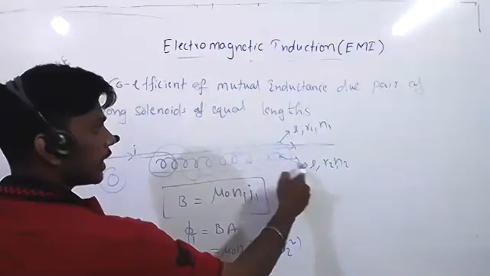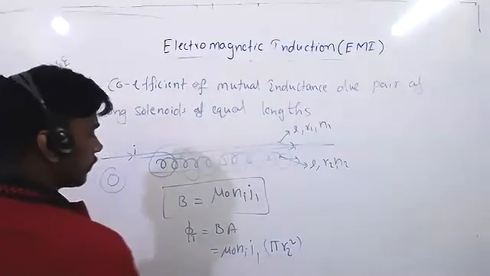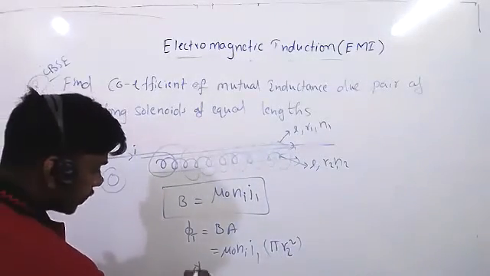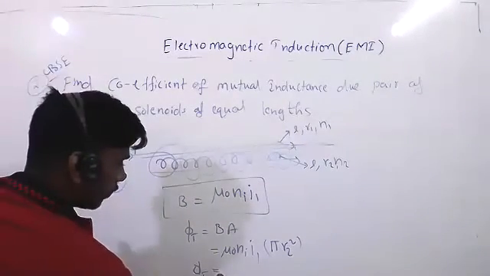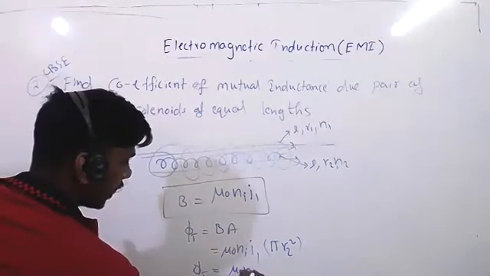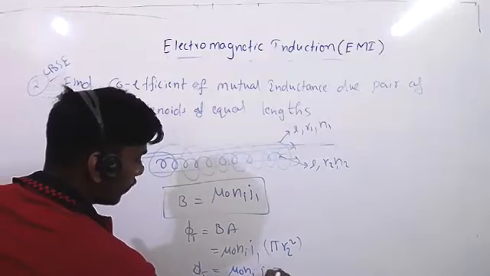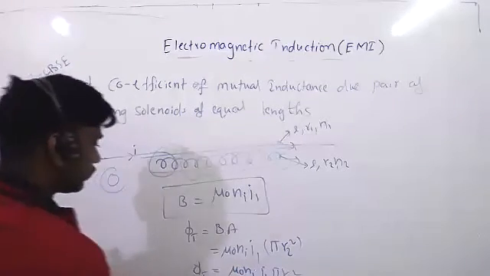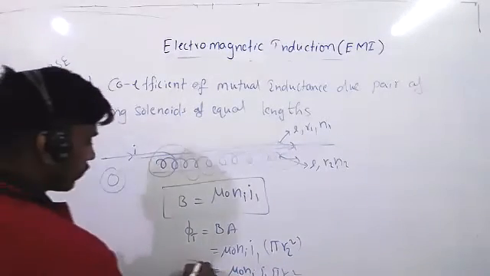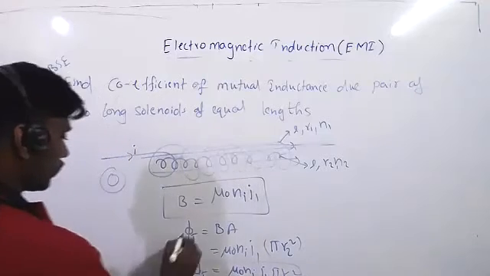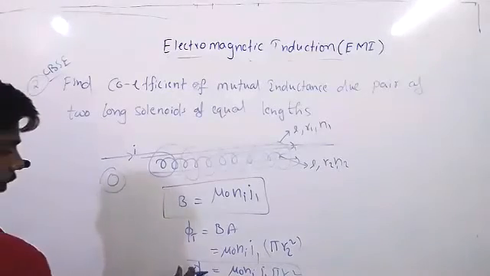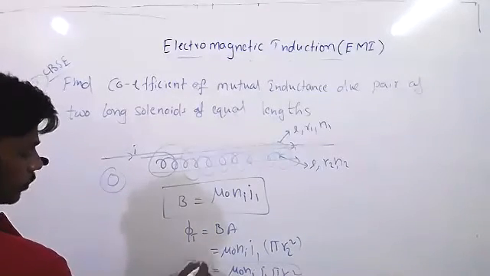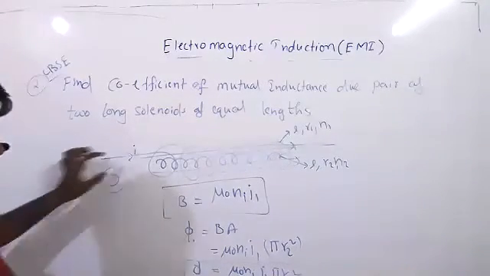So the flux through the coil is mu naught N1 I1 pi R2 square.